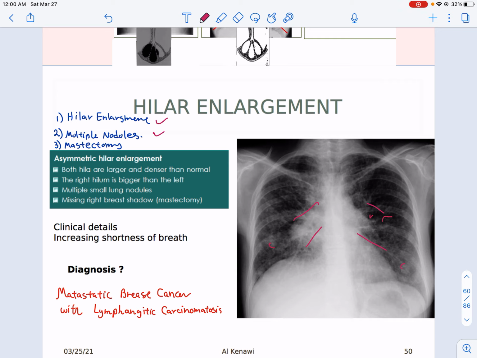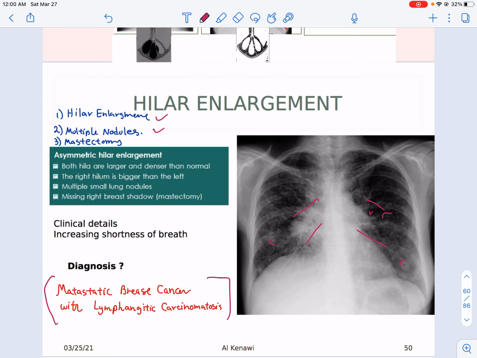And mastectomy, because we can see that this is not normal, so we can say the diagnosis is a renal history. With the picture we will say it's a metastatic breast cancer with lymphangitic carcinomatosis. The doctor says this diagnosis, but the important thing is to know that it's a metastatic breast cancer. Okay.